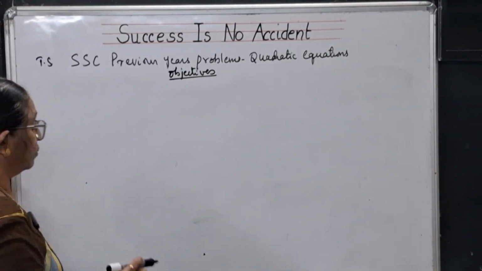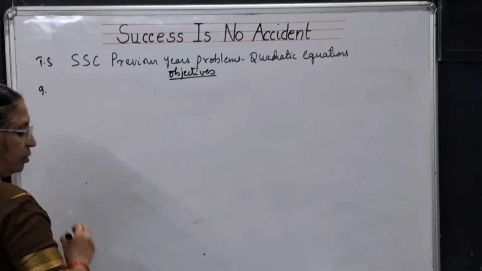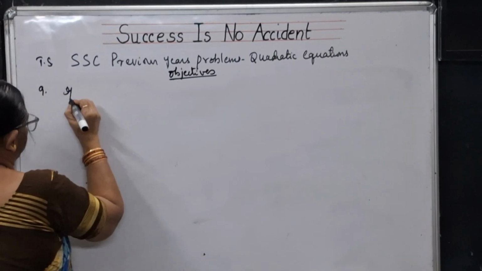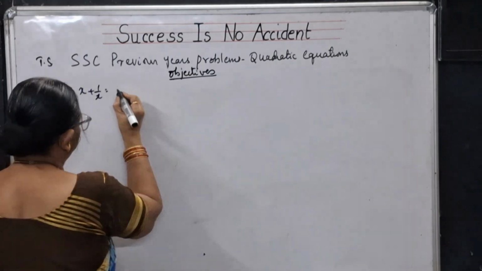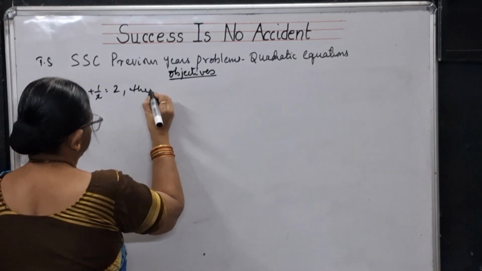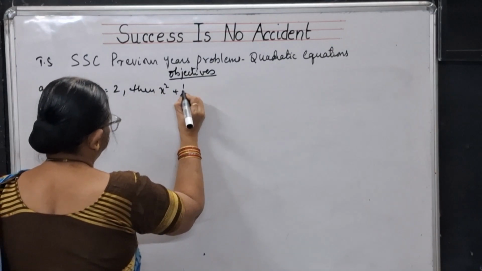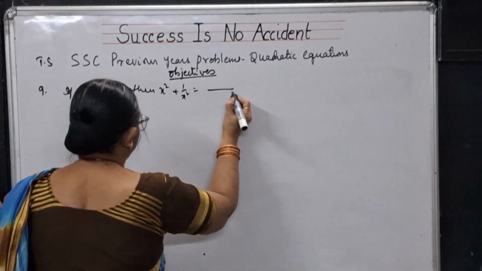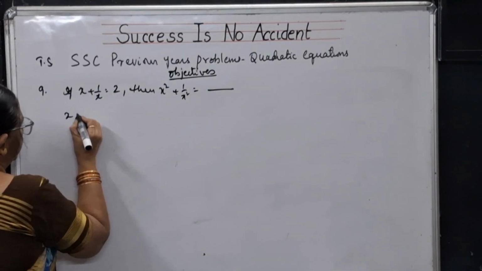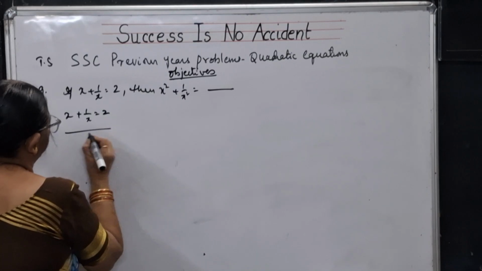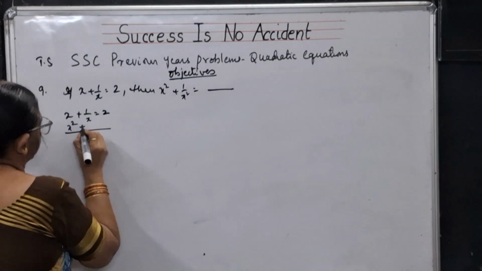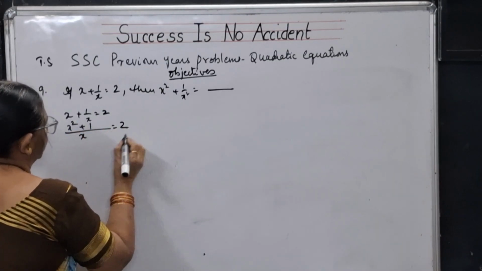Now, ninth one. If x plus 1 by x is equal to 2, then x square plus 1 by x square is equal to dash. Now let me take x plus 1 by x is equal to 2. This means if I take LCM, x square plus 1 is equal to 2.